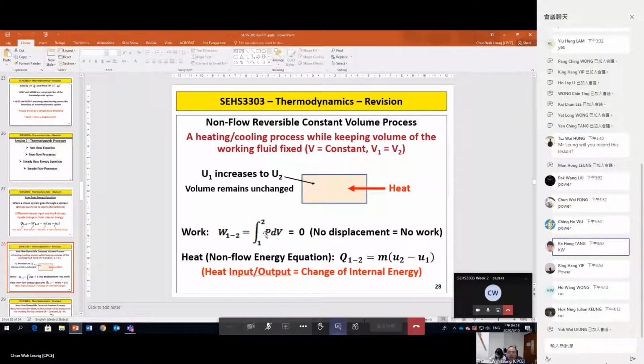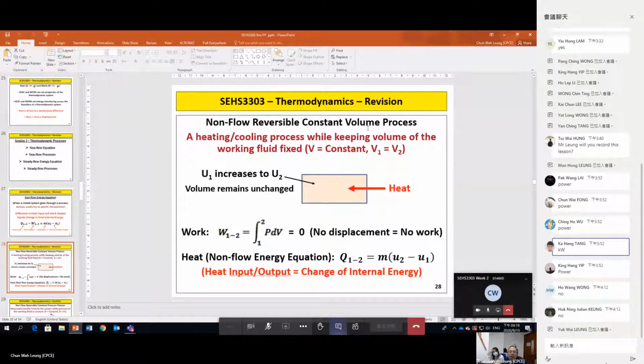P is pressure. V is volume. dV, a small change in volume. A small change in volume. So we can solve this integral of P dV from 1 to 2 to work out how much work.